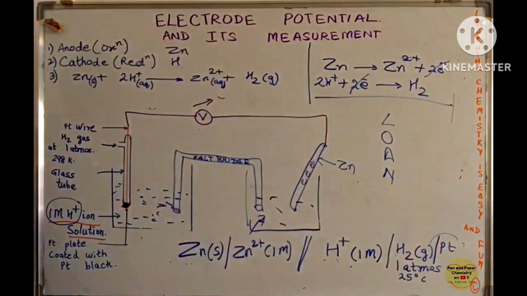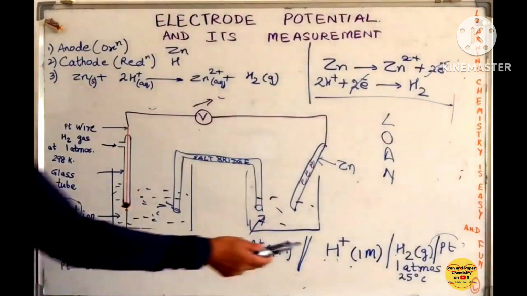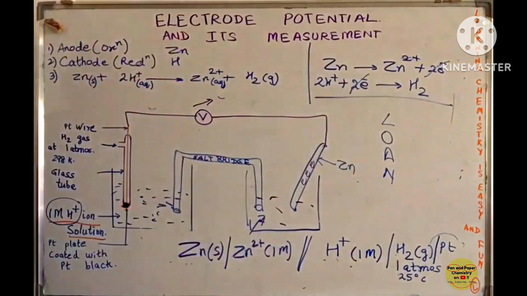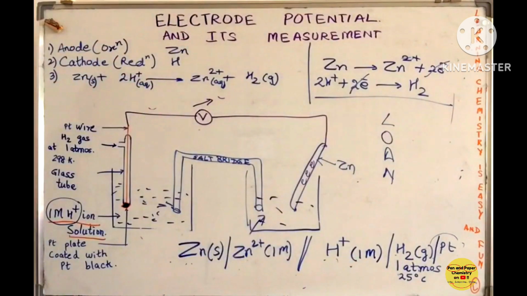the reaction taking place over platinum. The temperature and pressure conditions are to be mentioned because we are talking about the standard hydrogen electrode, and we are talking about a gas over here whose potential values will vary with temperature and pressure. Is the cell representation complete? Something is missing.